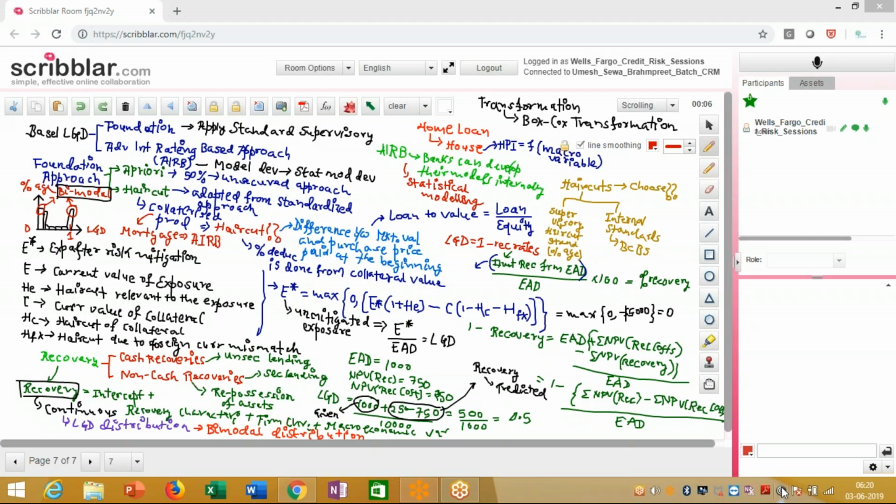Right? So this is where the role of statistical modeling becomes very important. And when we start talking about statistical modeling, there are some very important basic concepts that we would need to understand. The first set of statistical concepts would be in reference to loss given default modeling, right?